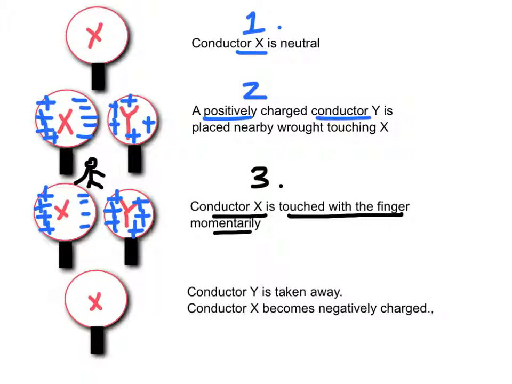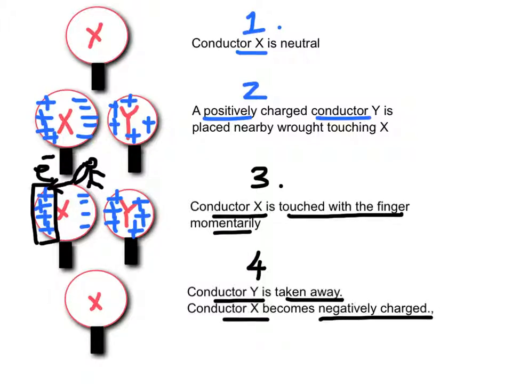The excessive charge, which is positive, can be removed to the earth by the process that electrons from the earth go to neutralize this positive charge. For the last step, conductor Y is taken away, and then conductor X will become negatively charged.